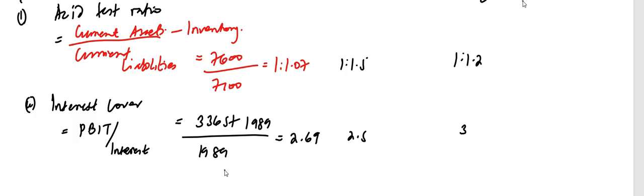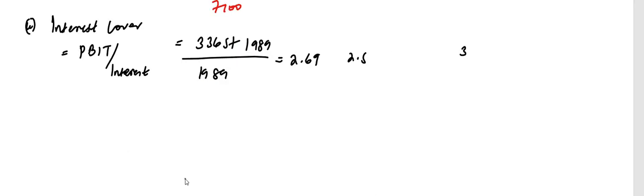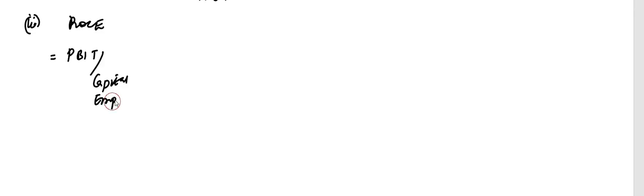Then what's the next ratio? Return on capital employed. ROCE equals the profits before interest and tax over the capital employed, times 100.